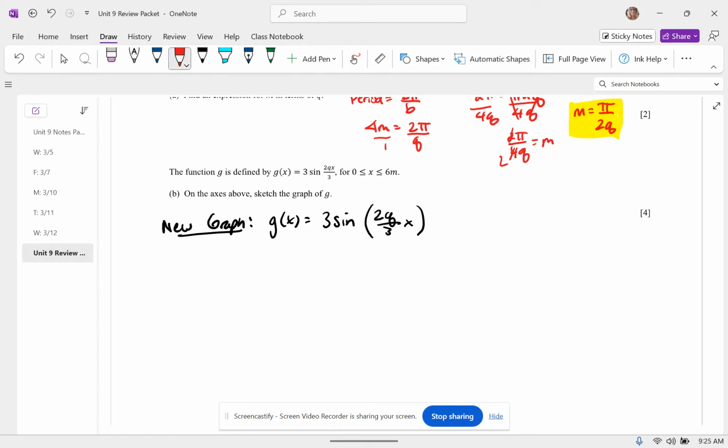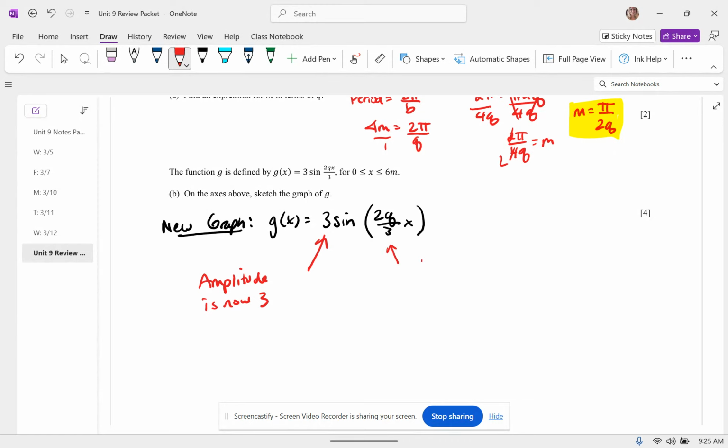The amplitude is now 3, so that's going to make the graph taller. Then let's find what the new period is going to be, so we can compare it to the old one.